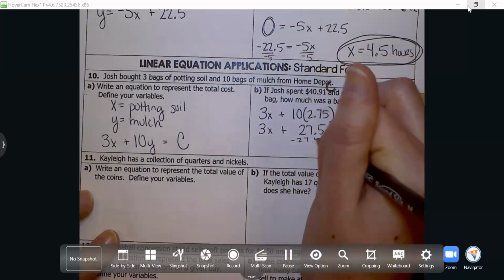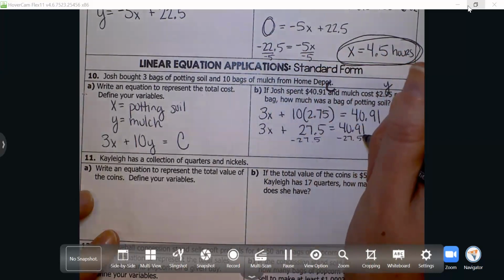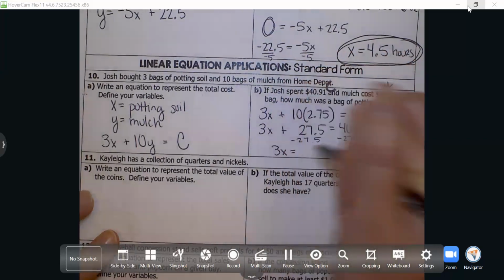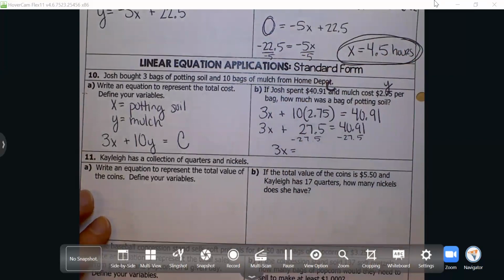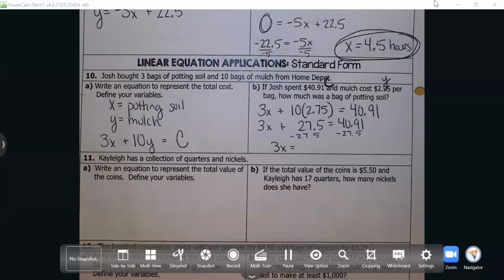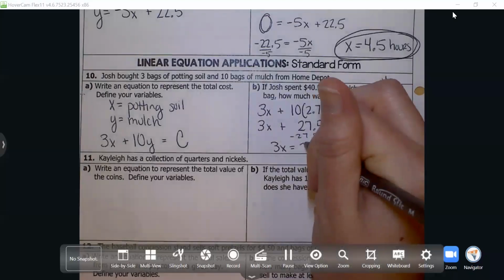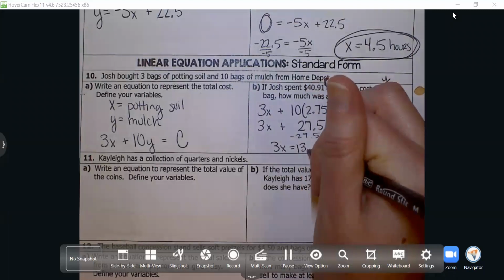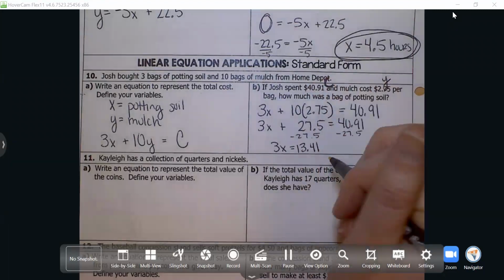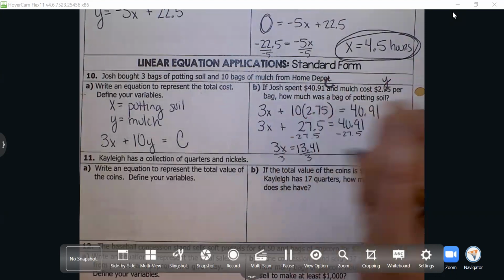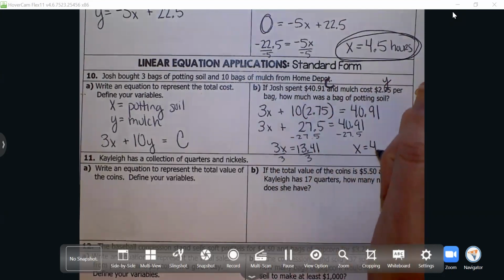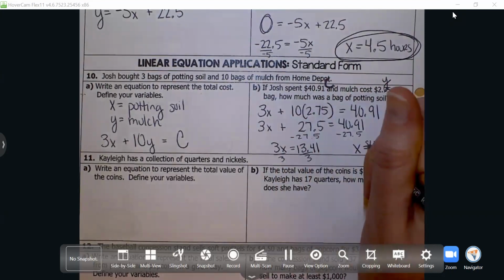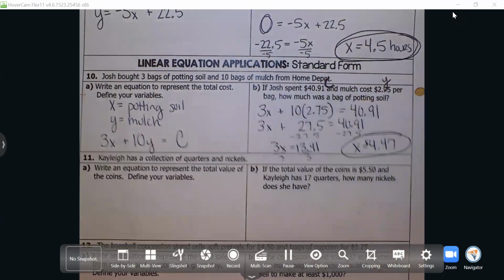When I subtract, I get 3x equals 13.41. And then I divide by 3, I get x equals $4.47 for the potting soil.